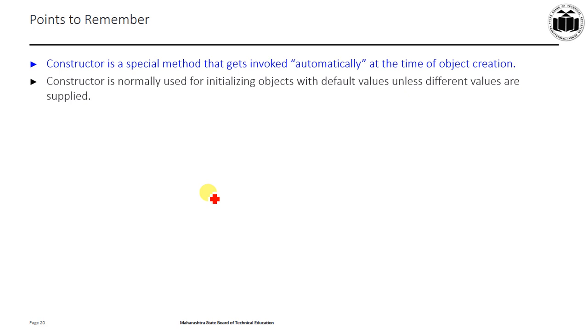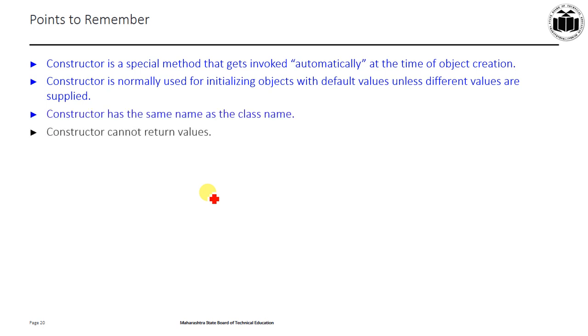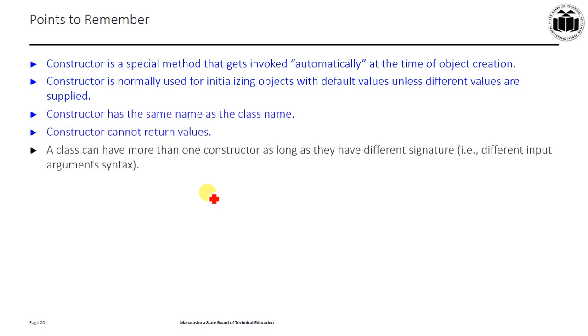Constructor is normally used for initializing objects with default values unless different values are supplied. Constructor has the same name as the class name. Constructor cannot return values. A class can have more than one constructor as long as they have different signatures, that is different input argument syntax.